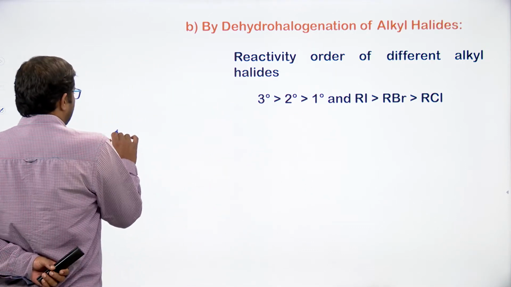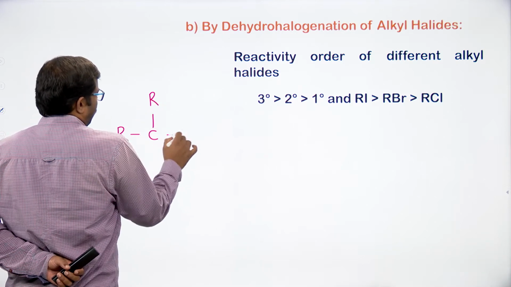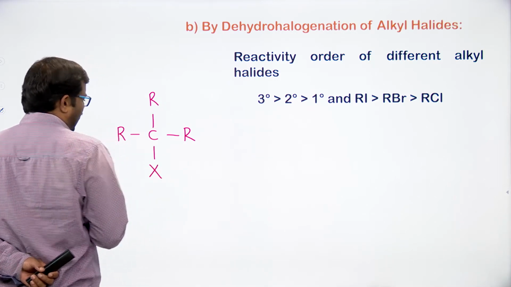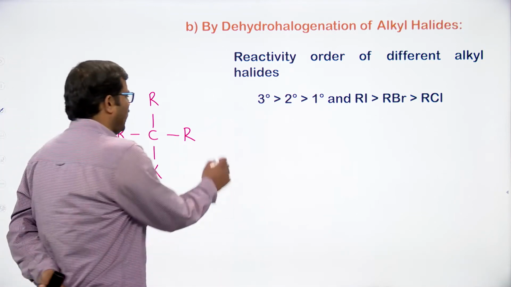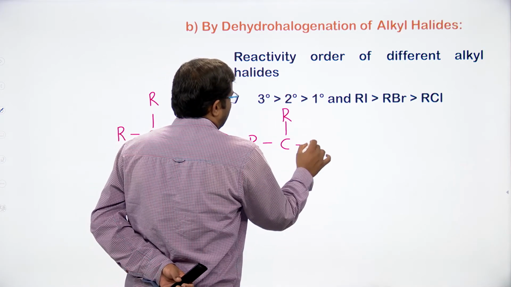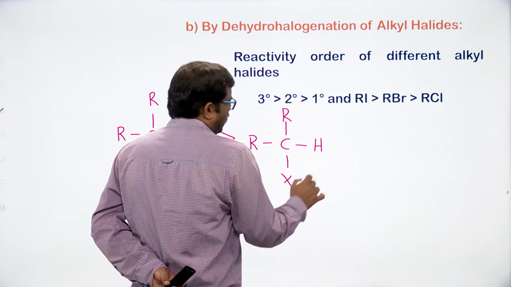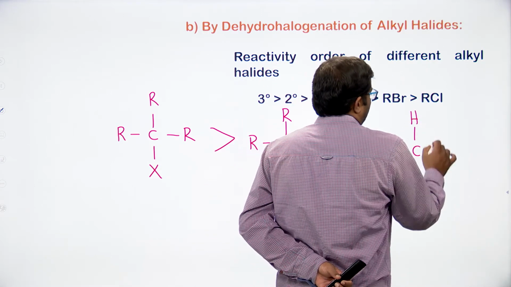For example, when a halogen is attached to a tertiary carbon atom, we call it a tertiary alkyl halide, which is more reactive than the secondary alkyl halide, which is more reactive than the primary alkyl halide.